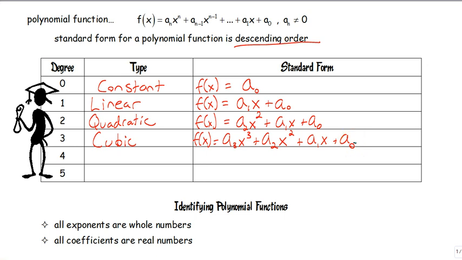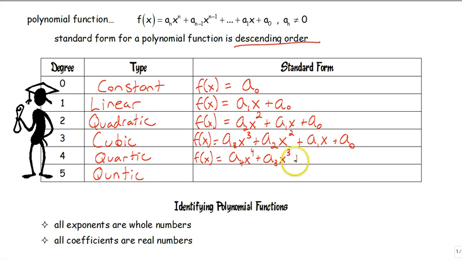Now, the other 2. If you have a power of 4, it's called a quartic. And if you have a power of 5, it's a quintic. And you can write these out, and they basically follow the same pattern. But again, remember, descending order is key.